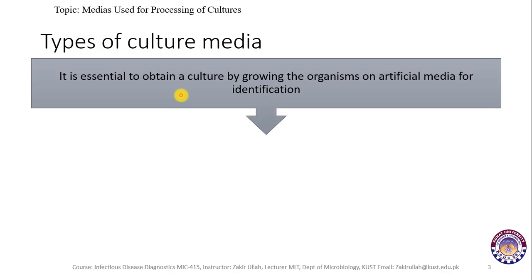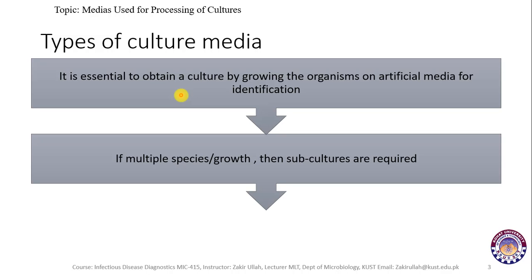This culture is required because by growing the bacteria and finding out the different properties on the basis of the growth and the different strains, these bacteria can be identified and diagnosed, that is, what type of infection and which bacteria has caused the infection.